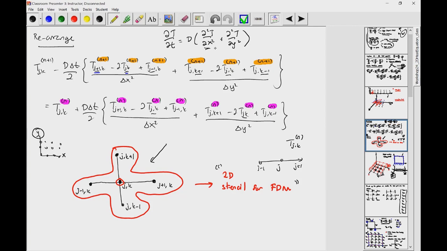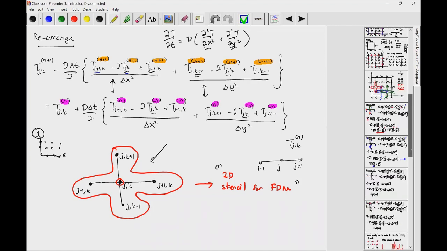The spatial derivatives give rise to j plus 1, j and j minus 1, and also k plus 1, k and k minus 1. Because of the Crank-Nicolson scheme, you have similar terms on the left-hand side and right-hand side, just that one is evaluated at time level n and one at time level n plus 1.